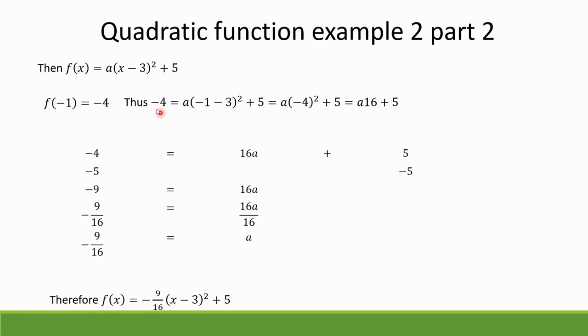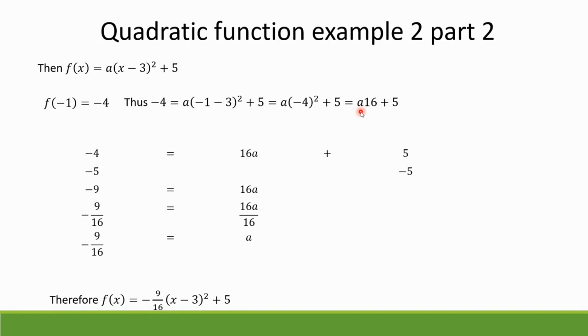So let's use that. We have -4 is a times -1 minus 3 squared plus 5. So that's what we get here. And what is this equal to? Well, this is a times -4 squared plus 5, which is a times 16 plus 5.